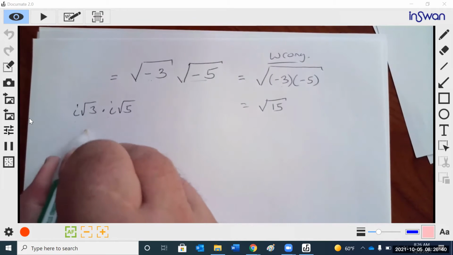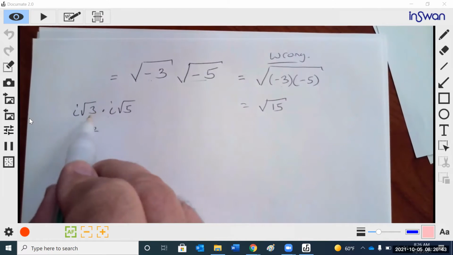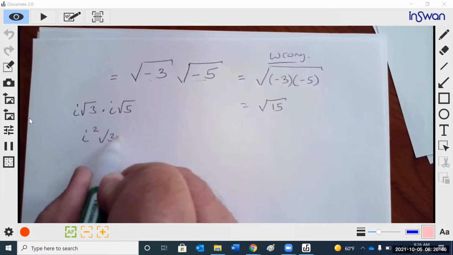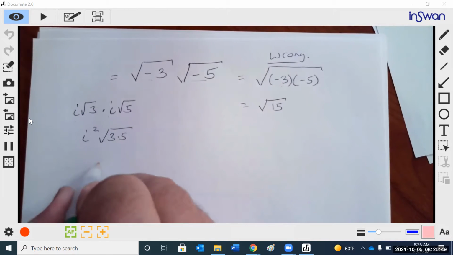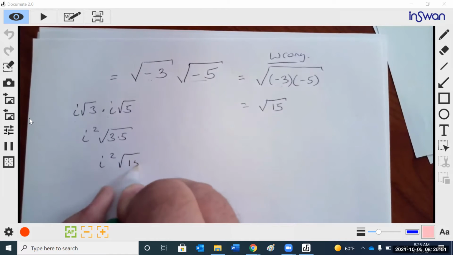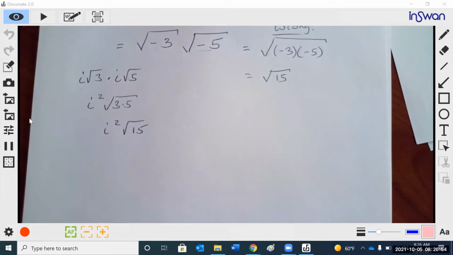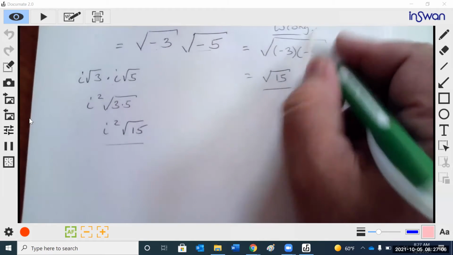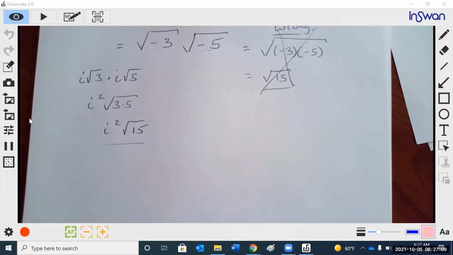So i times i is i squared, times radical 3 times radical 5. Are they the same thing? No. So whenever you have negatives inside the radical, take them out first by making them imaginary. Make them imaginary first, and then from there, just multiply inside.